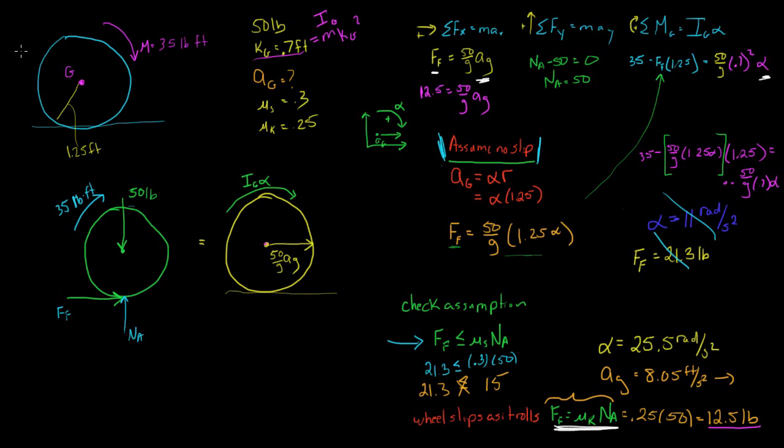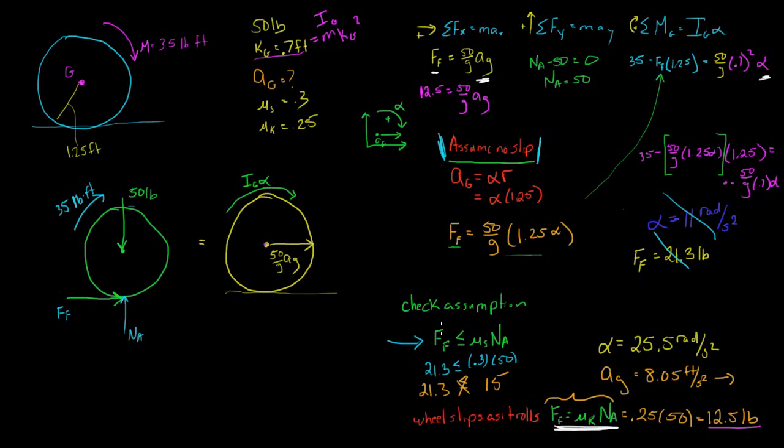And I know a lot of people like to right away say the frictional force is equal to the coefficient of static friction times the normal force. But we don't want to do that in this problem because we don't know if it slips or if it doesn't slip, and we need to use different coefficients of friction in each case. So that's why we want to check our assumption this way.